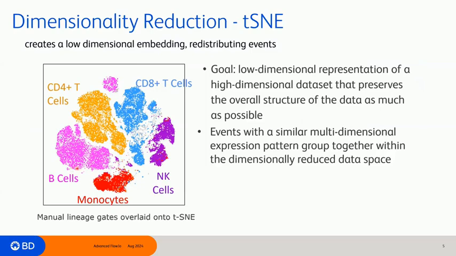This is just overlaid with some general lineage gates, but we can see, at least based on t-SNE, there's some more definition there. So it's capturing more of the local structure of the data and separating those spaces. So if we did additional gating, maybe down into further subsets of those, we would be able to determine different subsets within those.